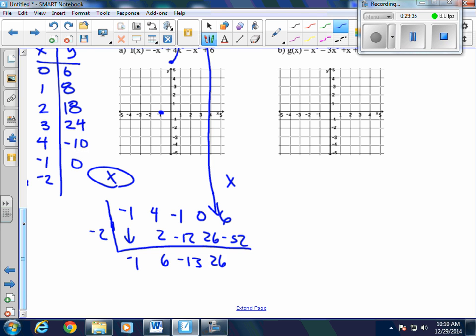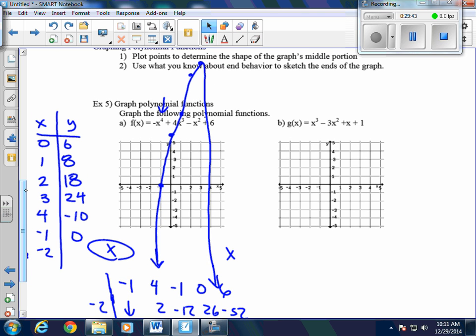So I know that my graph is going to come down like this, and there would be the graph of that function. Right? So the biggest thing is to find the end behaviors, and then you're just going to plug in a bunch of points. Now, this one obviously was a little bit more complicated. We had to put a bunch of numbers in.